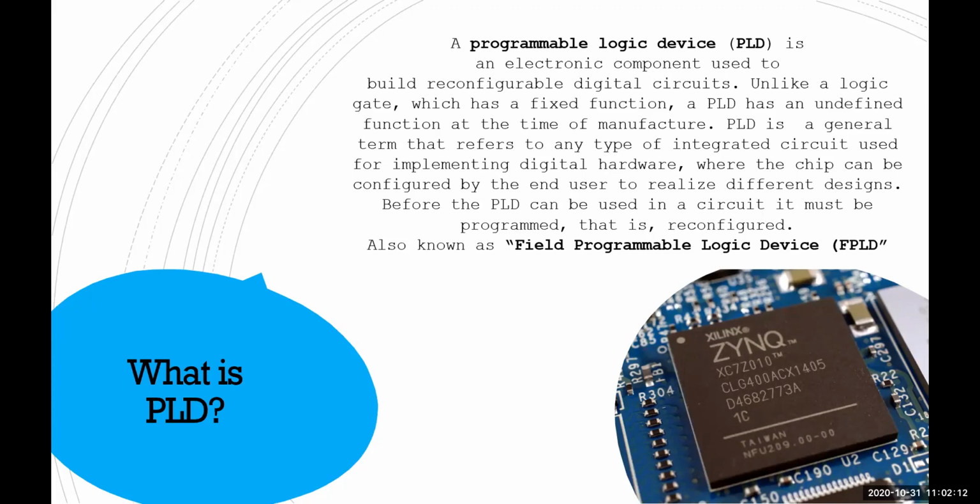That means when you go to the market and buy an AND gate or a NAND gate, you know what gate you are buying, right? And you know what this IC will do. An AND gate will give you an output if both inputs are one. If one of the inputs is zero, then the output will be zero. You already know, before or after buying it, what your IC is going to do.